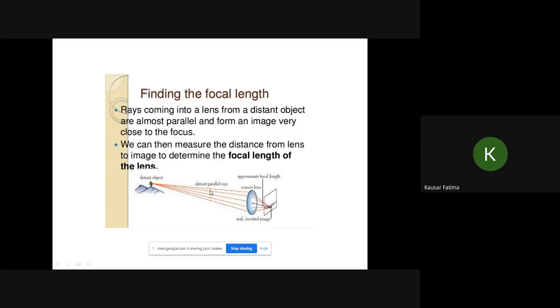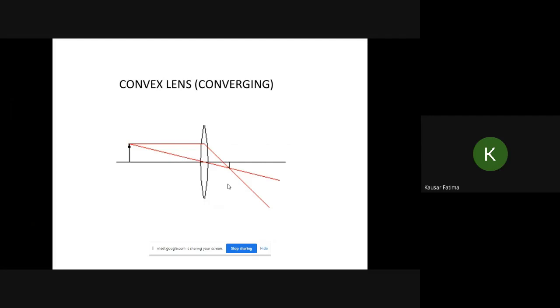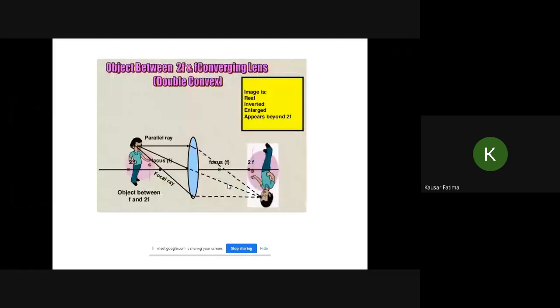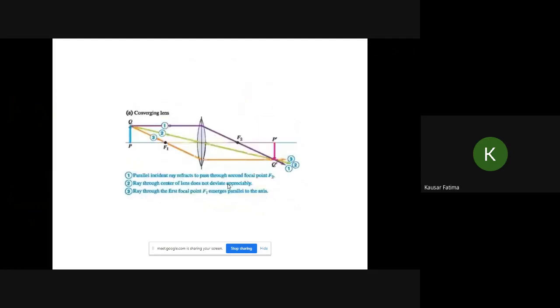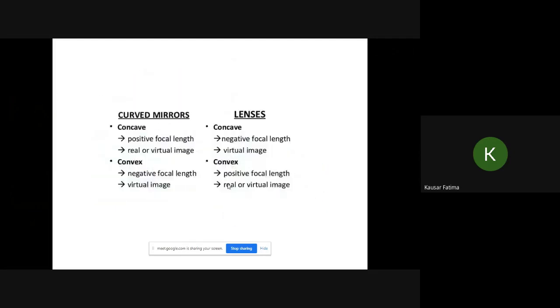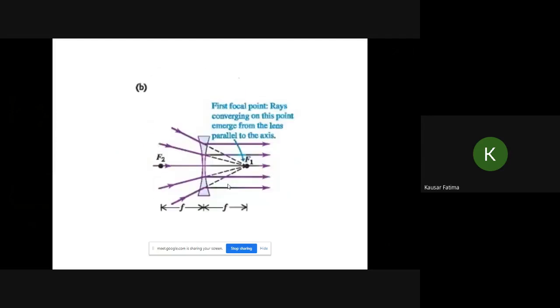We know that the rays coming from a distant object are parallel to each other, and after passing through the lens they pass through f. It means the screen is placed at f, so that will give us the focal length.